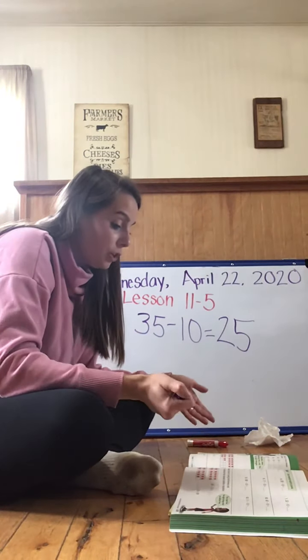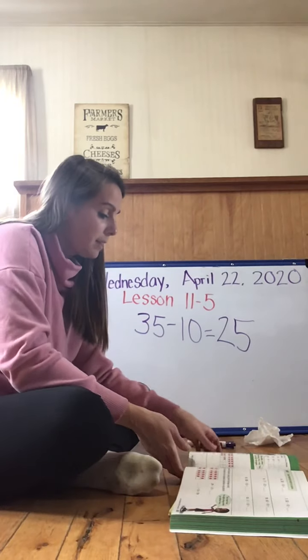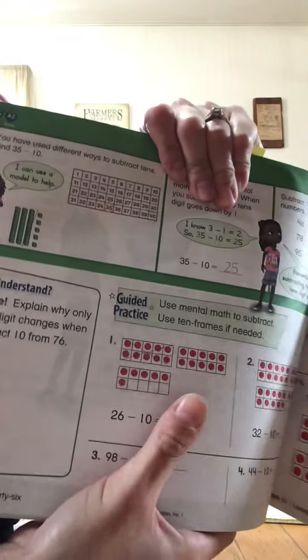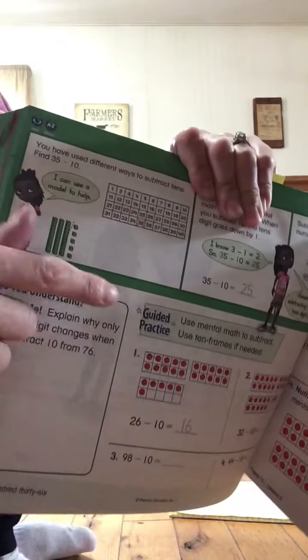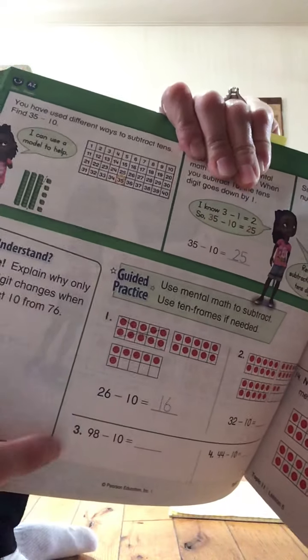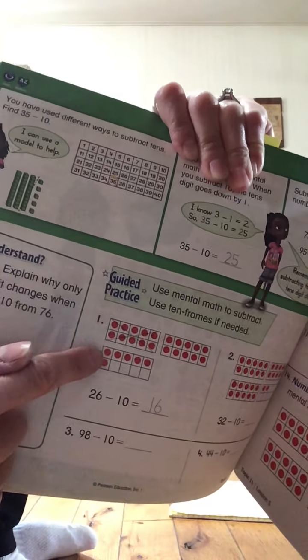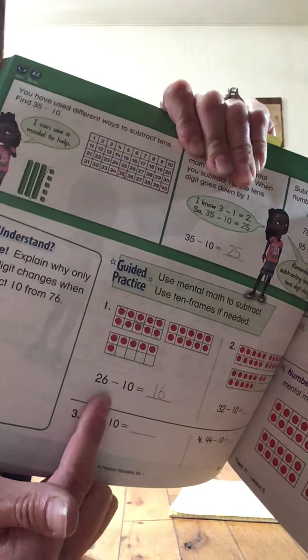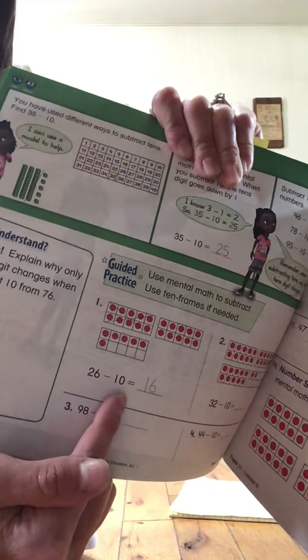Another way that you could do that would be using these 10 frames. So for number 1 in your book, it gives you 2 10 frames that are all the way filled up, and then it gives you a 10 frame that has 6 counters in it. So it's asking you to do 26 minus 10.